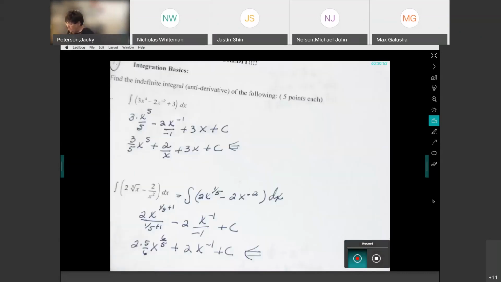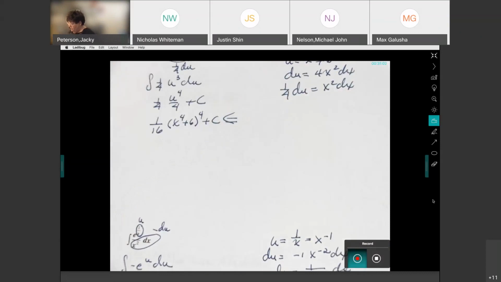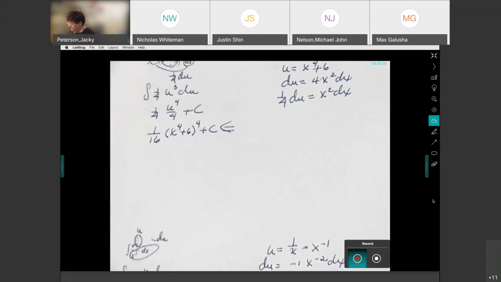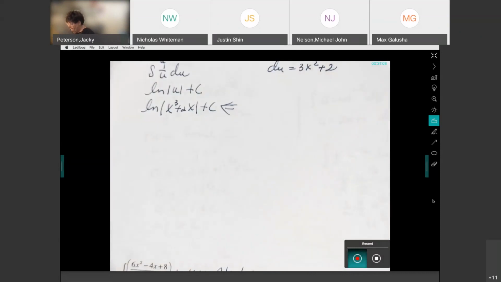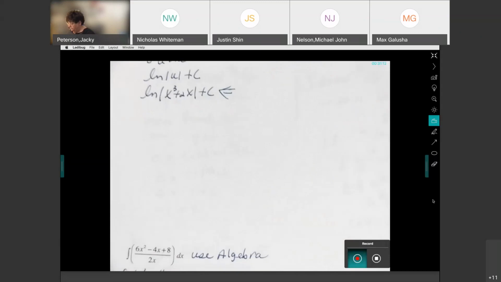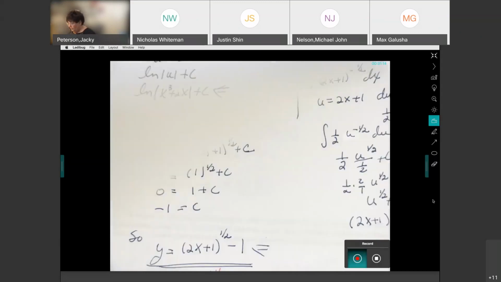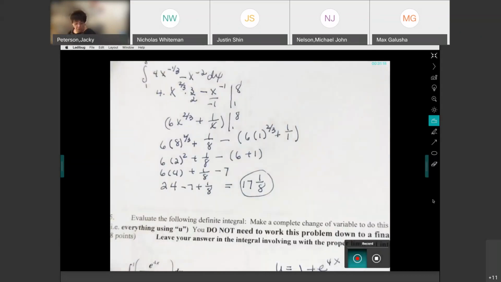This last test with this integration, problem number 1, and that was basic. Problem number 2, that was U sub. And there was a problem in there that used algebra. So 1 and 2.